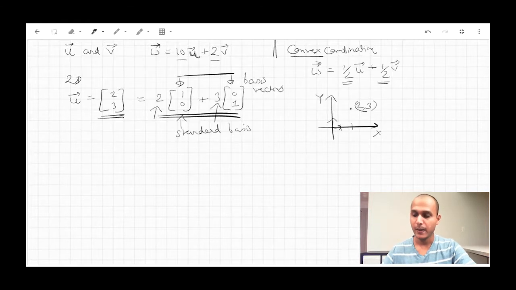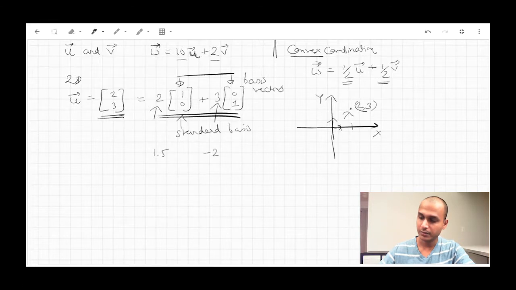If I take 1.5 and -2 instead of 2 and 3, then I get a point which is 1.5 units to the right and 2 units to the south, somewhere over here. And you can see that by changing these scalar coefficients, I can get any vector or any point on the 2D plane.